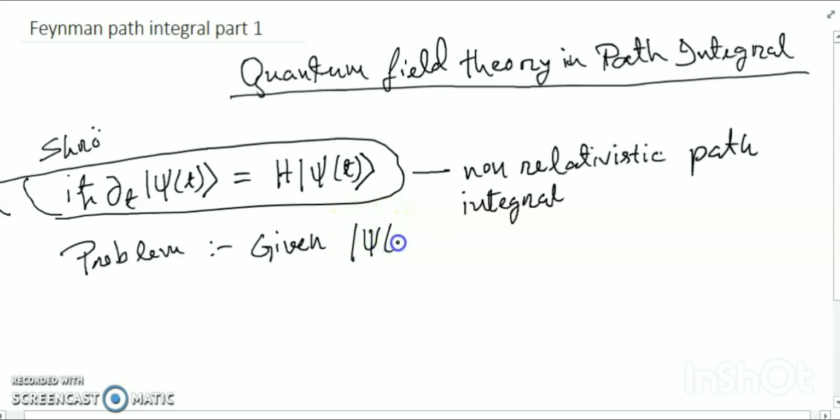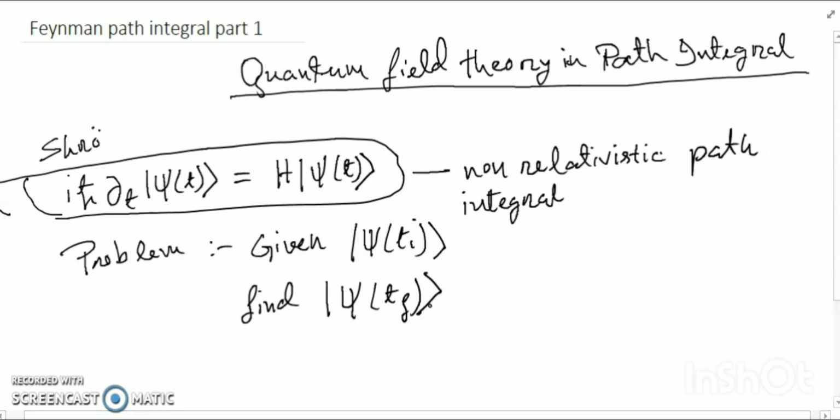Given the state vector at ti, find the state at the final time tf.